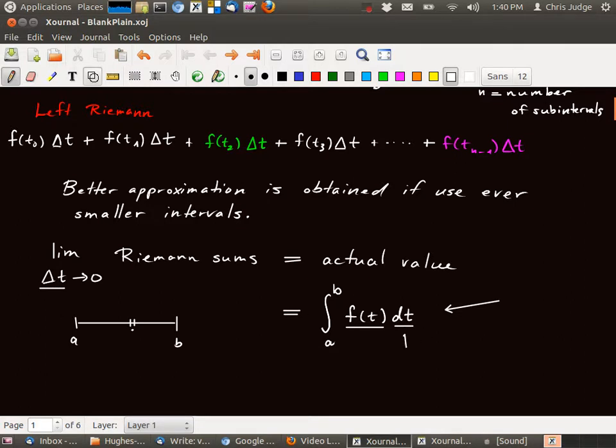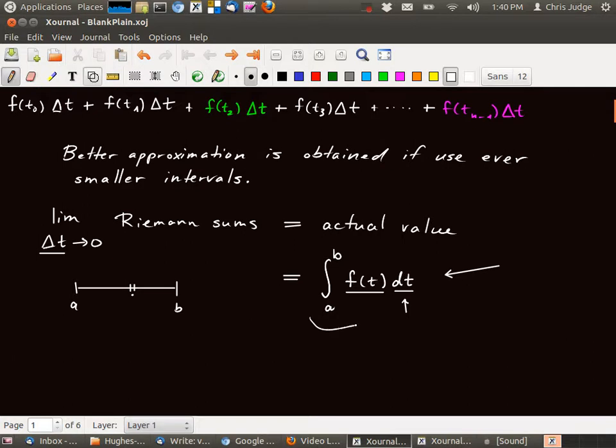This is now an infinitesimally small length. We still have a product, though. We have a product of the height times the width of the subinterval. It's just the widths are infinitesimally small.